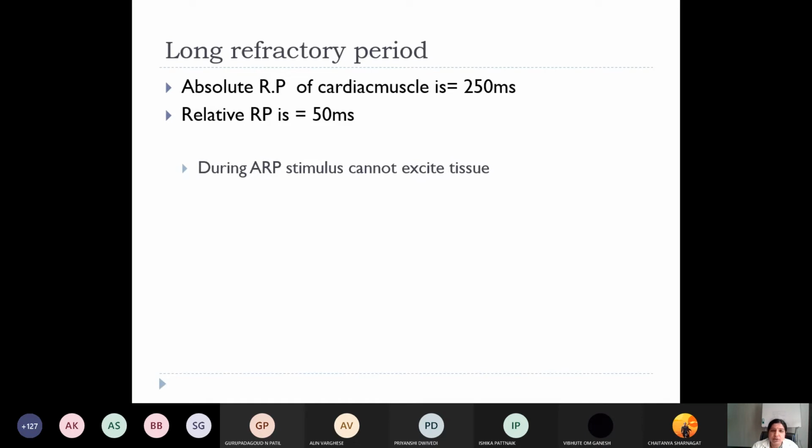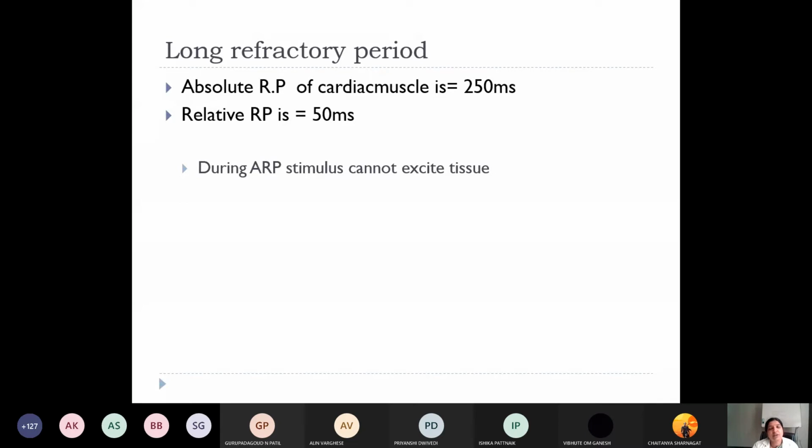I told you about the whole cardiac muscle, extrasystole and compensatory pause: if you give any extrasystole during the refractory period of the cardiac muscle action potential, it will not respond. Now that time I told you the absolute refractory period of cardiac muscle is longest, 250 milliseconds, which covers the whole mechanical events of the cardiac cycle.